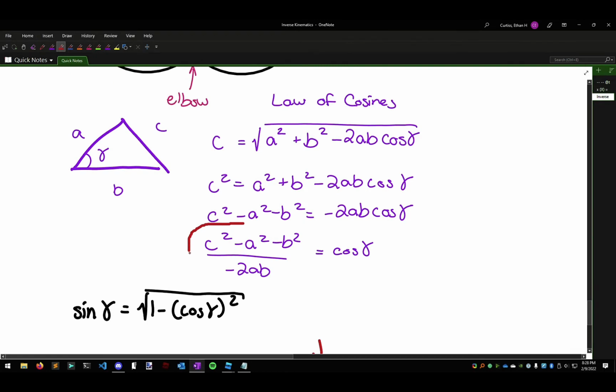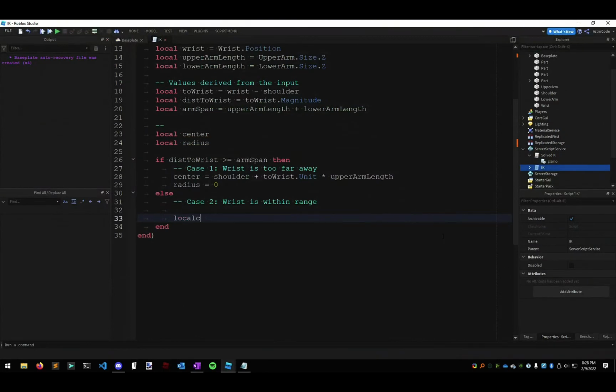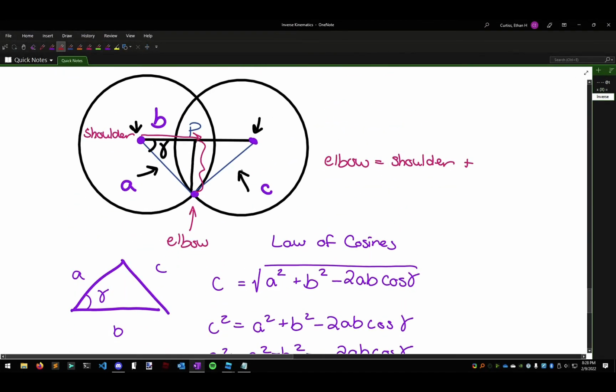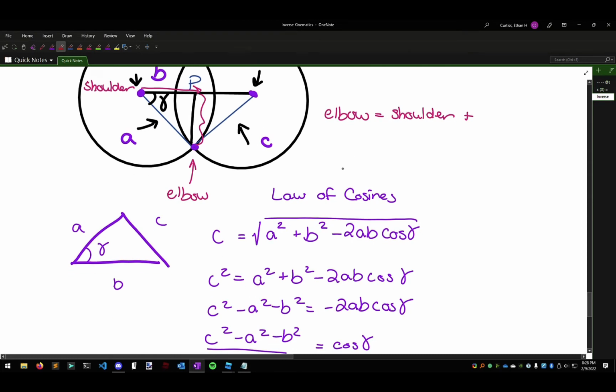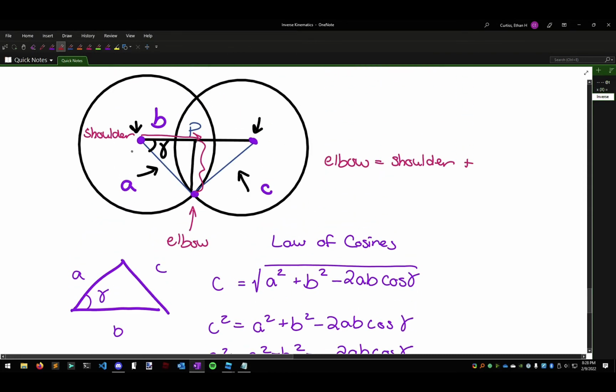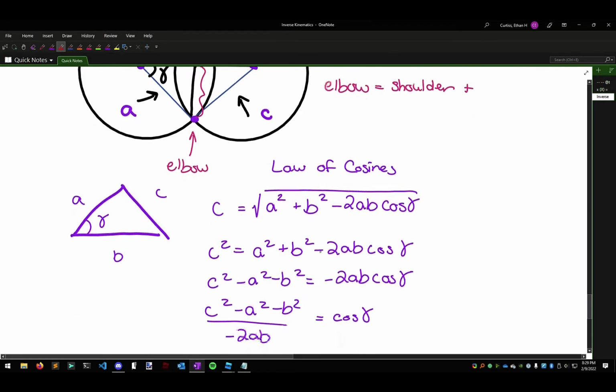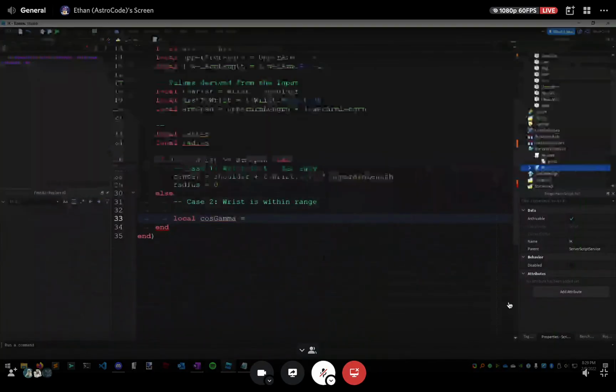We're going to use this formula here to find cosine of gamma. C squared is the lower arm length, A squared is the upper arm length, and then B squared is the distance to the wrist. All right, so this is going to look like this.